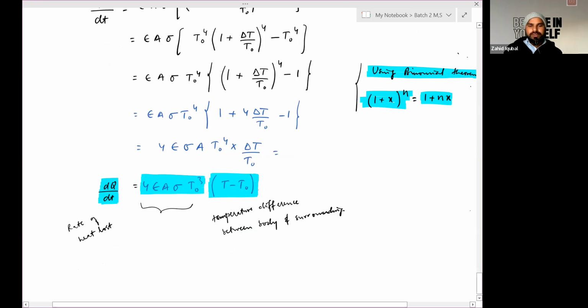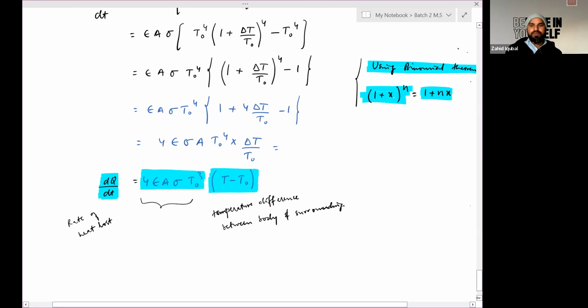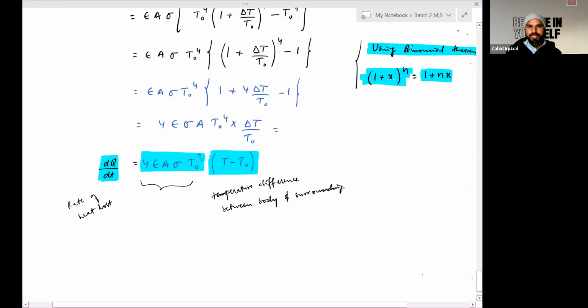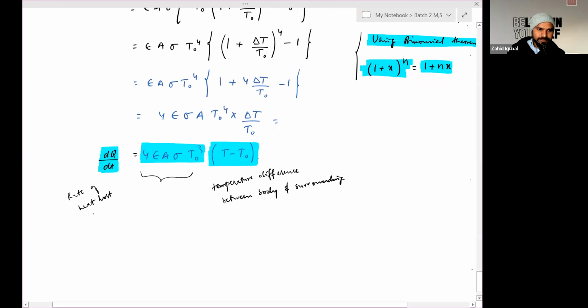So according to Newton's law of cooling, when a hot body is placed in any cold surrounding, the rate of heat lost by it will be directly proportional to the temperature difference of body and surrounding, which I have just proved. You don't need to prove this particular part for your school examination. I've just proved it to show it and nothing more.